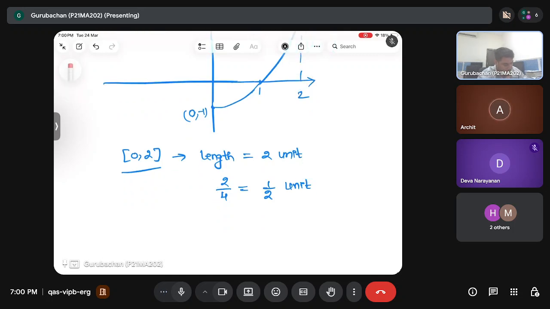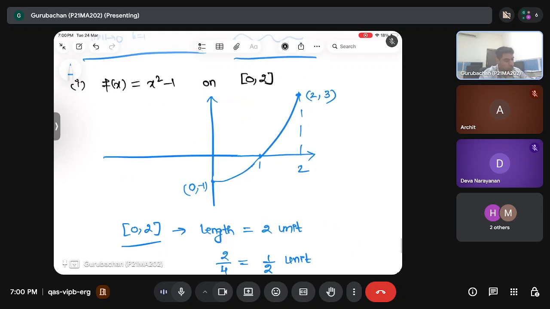So there will be 4 subintervals: 0 to half, half to 1, 1 to 3 by 2, and 3 by 2 to 2. These will be your subintervals.